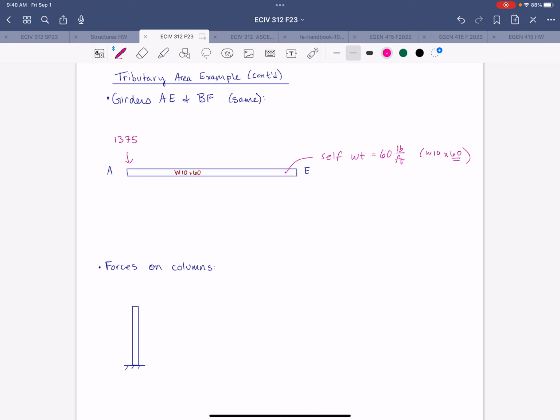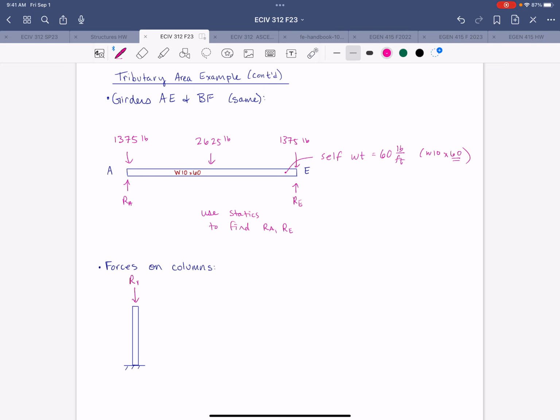So that's going to be 1375 at the two ends. Don't forget the units. And then at the center, 2625 pounds. Then you can use statics again to find the reactions at A and E. And then the forces on the columns would be the reactions that you found.